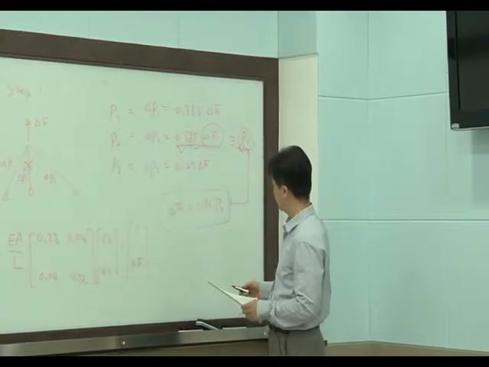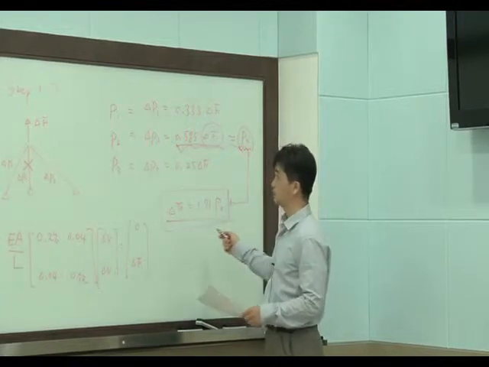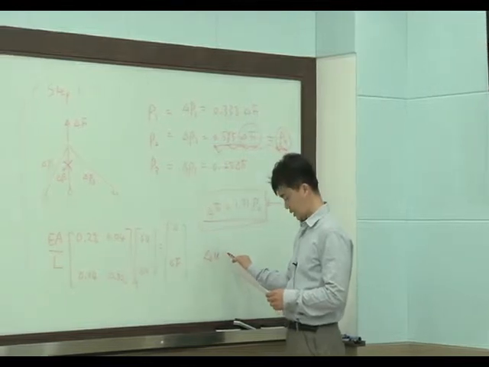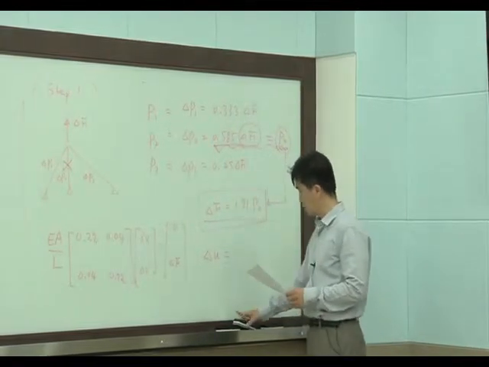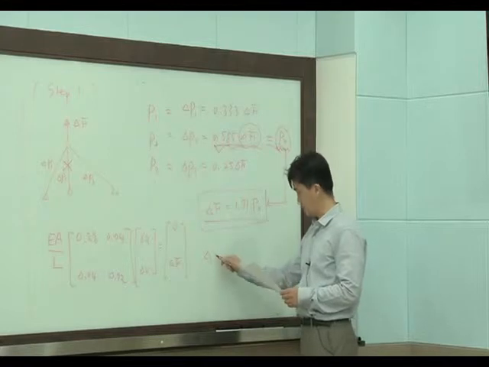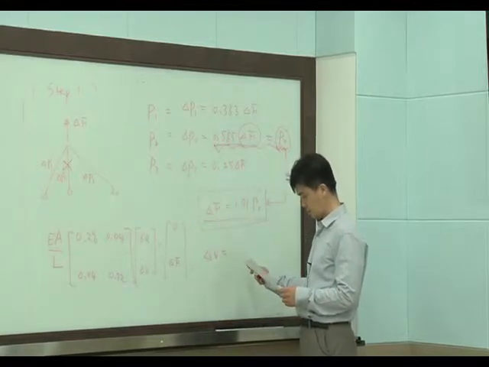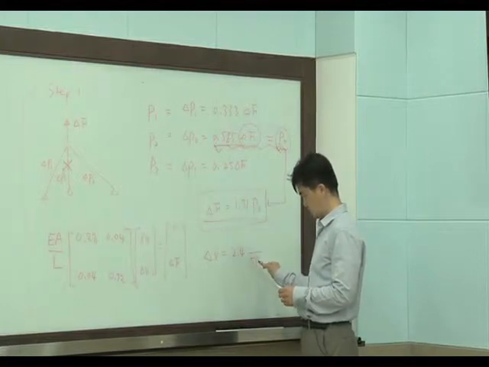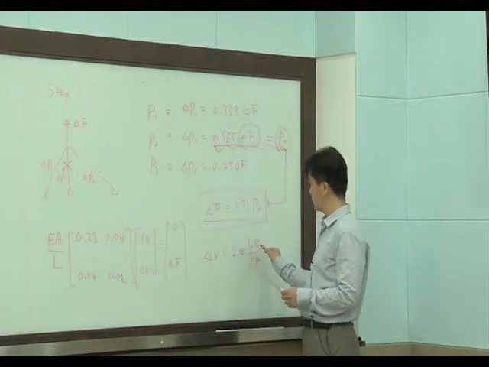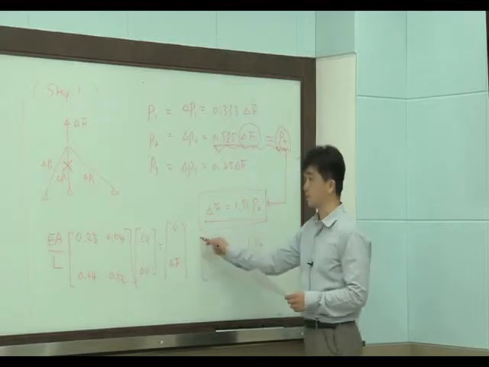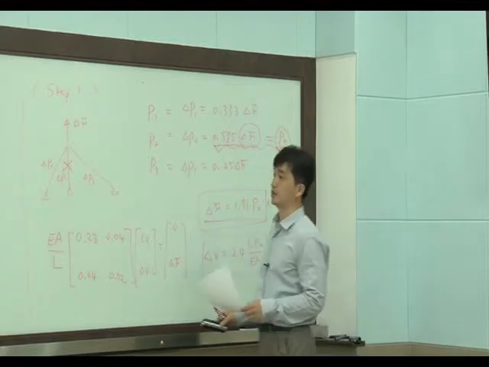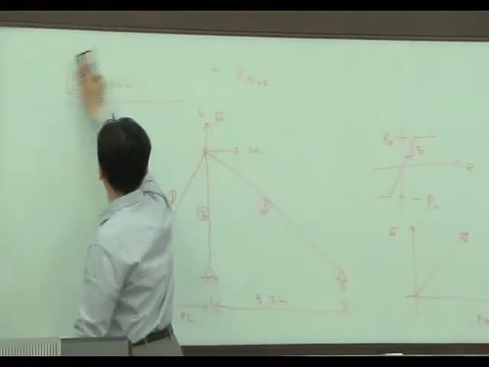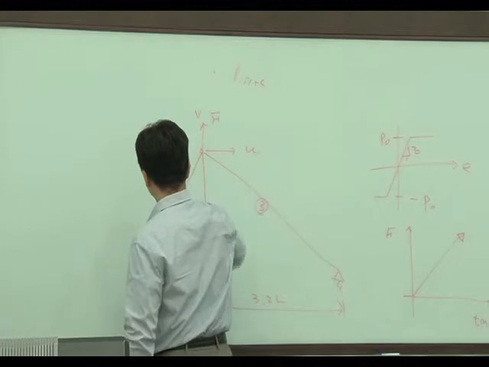Then, because we know delta F, we can calculate the delta U. Let's calculate delta V equal 2.4 EA LP0. Something like that we can calculate. And also we can calculate all the member forces and displacements.